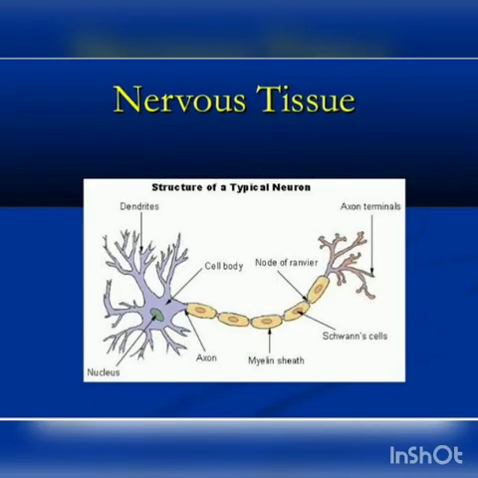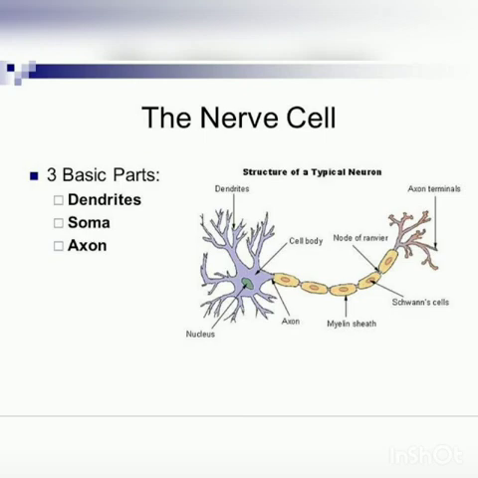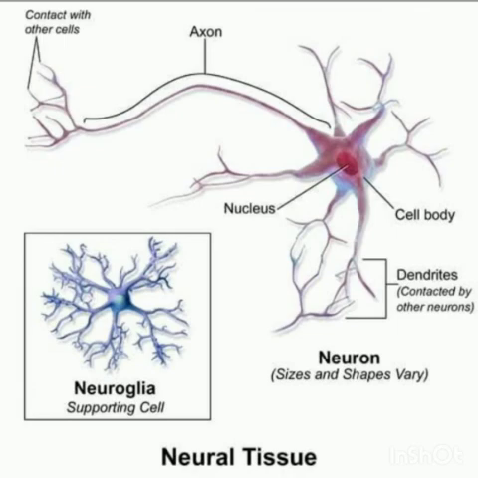Next we move on to the neural tissues. Neural tissue is nothing but the nervous tissue. Nervous system exerts the greatest control over the body's responsiveness to changing conditions. So what is the unit of this neural tissue? The neurons.